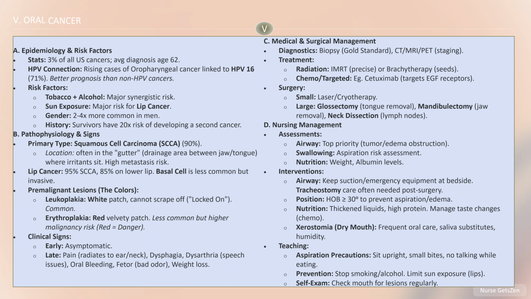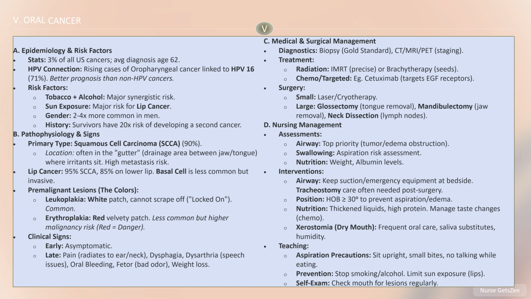Pre-malignant lesions, the key terms: leukoplakia is the white one, the most common pre-malignant lesion, appearing as non-removable white plaques due to chronic irritants.